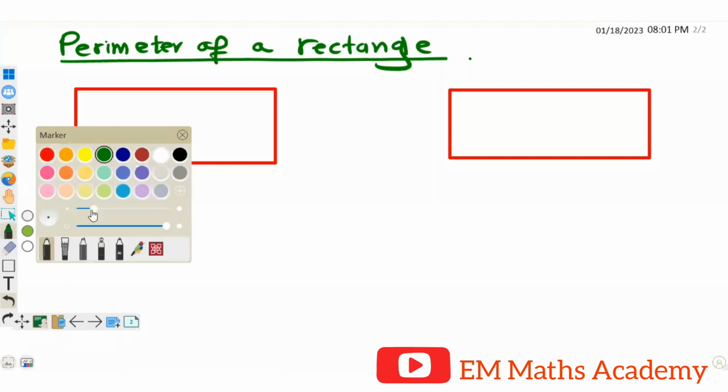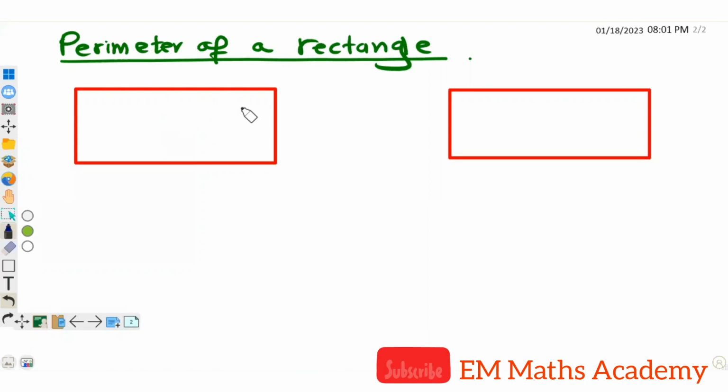In a rectangle also, we know that when we take a rectangle, the opposite sides are equal. It is denoted like this because I told you that to indicate the equality of equal line segments, we use the same number of small straight line segments on those lines.